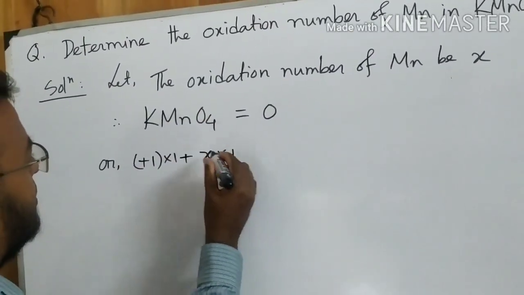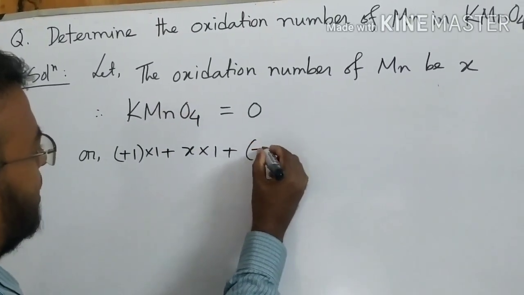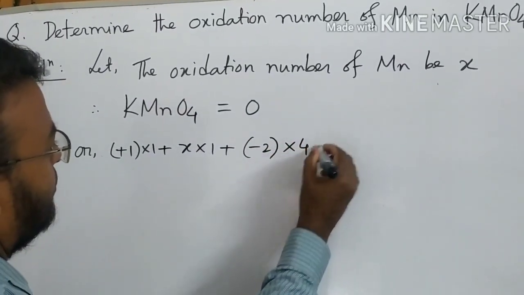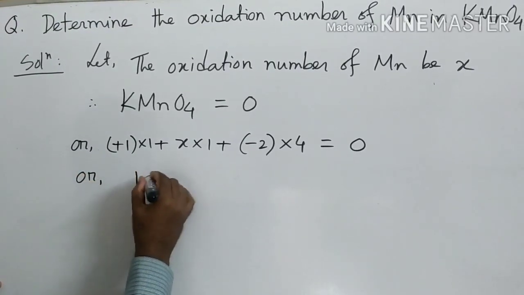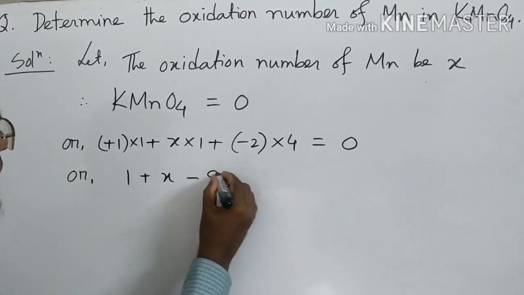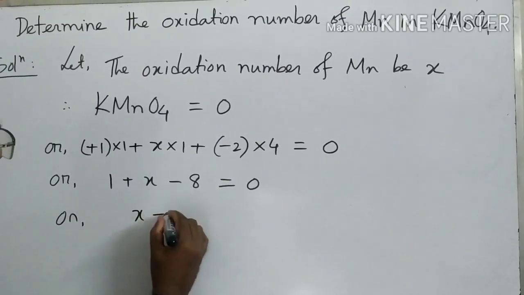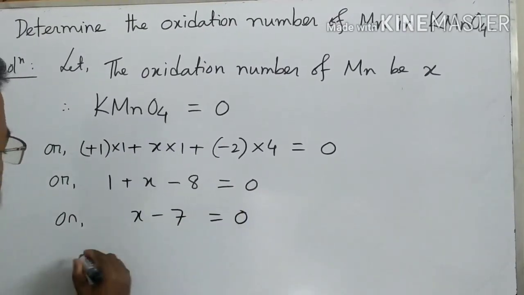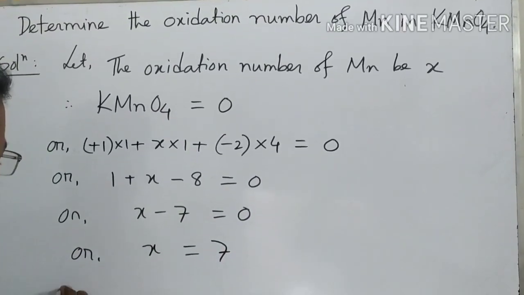It is 1 manganese, that's why multiply by 1. Then oxygen oxidation number is -2, multiplied by 4, then equals 0. So it is 1 plus x minus 8 equals 0, or x minus 7 equals 0, or x equals 7.